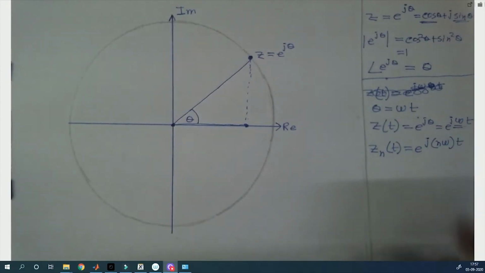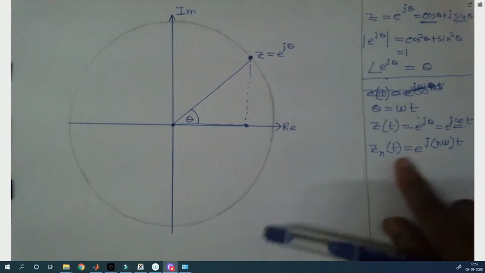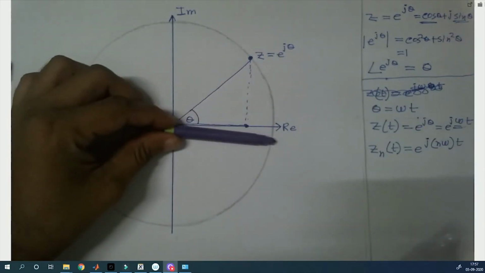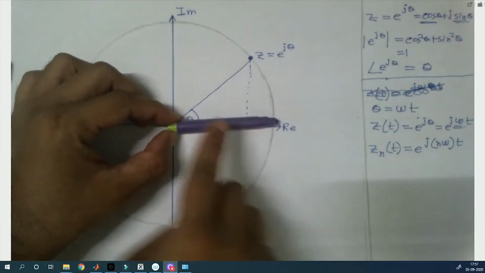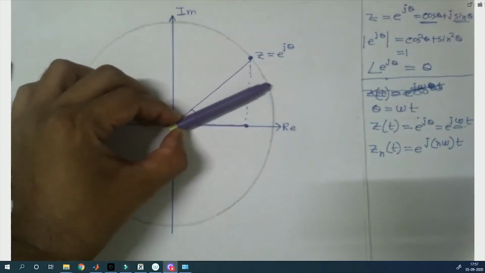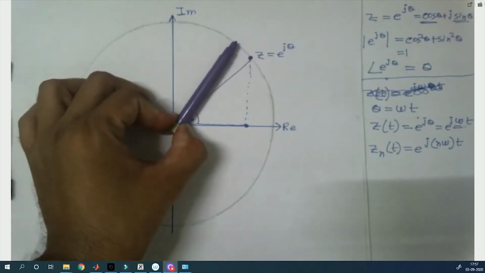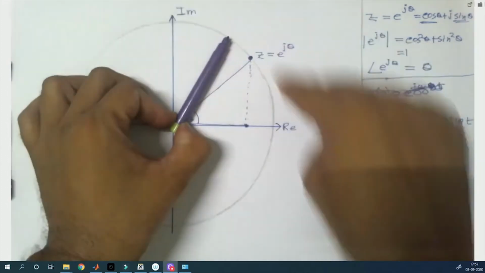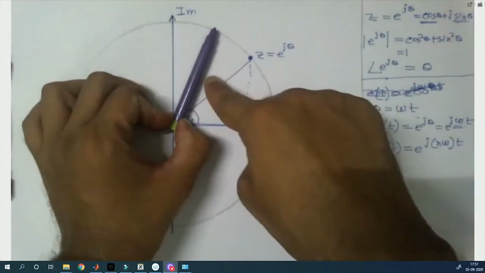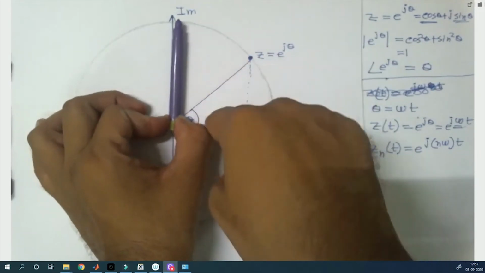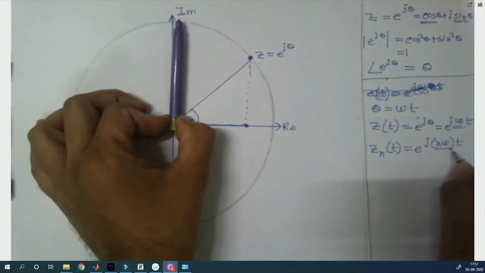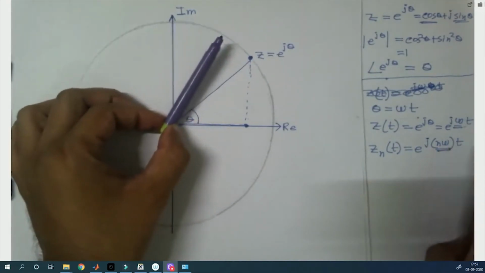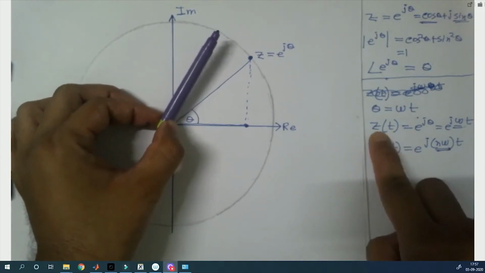Now consider another complex function of time, zn of t, given as e to the power j n omega t. Once again this point will move in the complex plane as time changes. It will start from this position and then it will rotate counterclockwise with the locus of the point always on the unit circle, and the speed of rotation will be equal to n omega. That means n times larger than the speed of z.